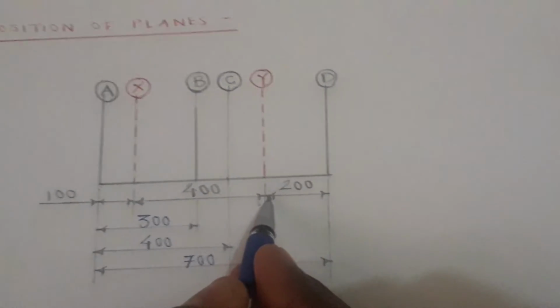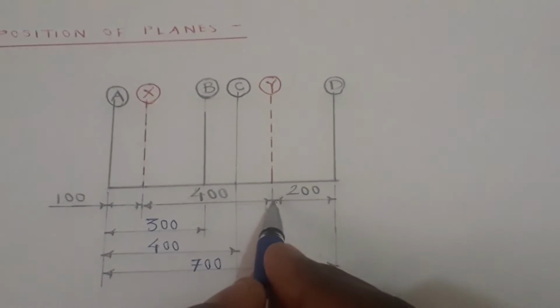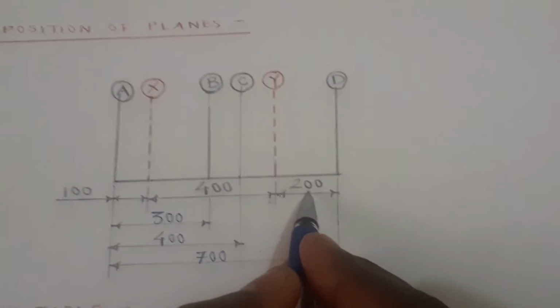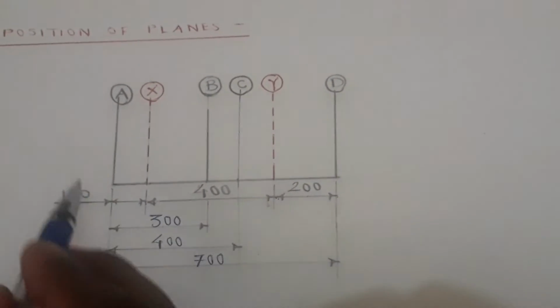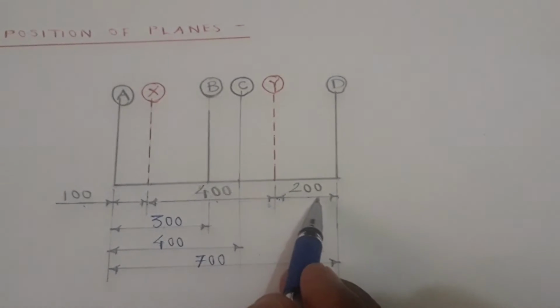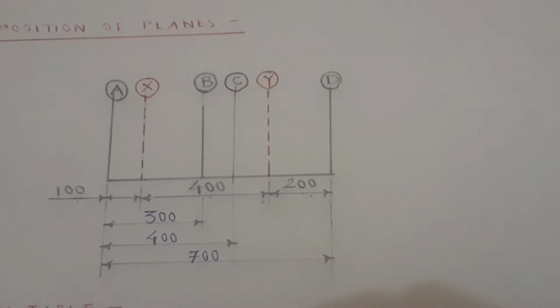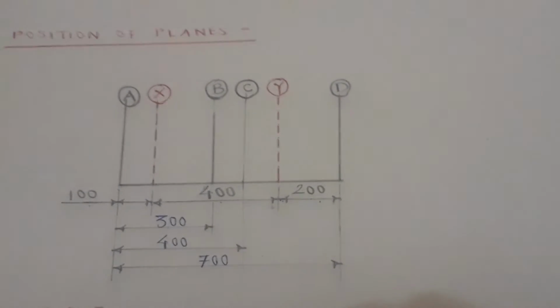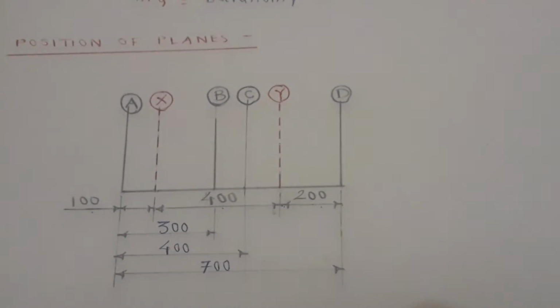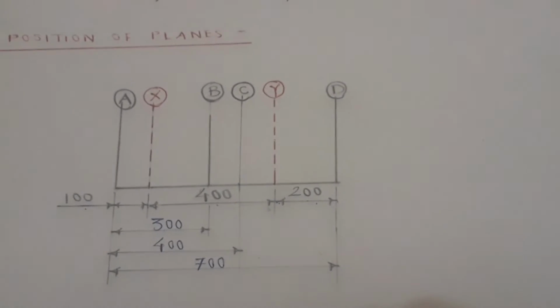And the distance between Y and D is 200 millimeters. So 100, 400 and 200. This is the position of all the planes. The linear distances between them are given as per the problem statement.